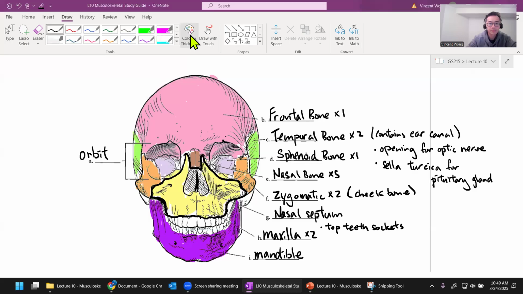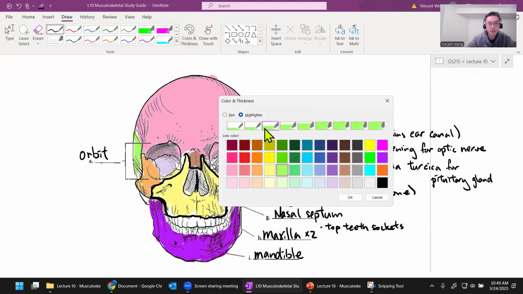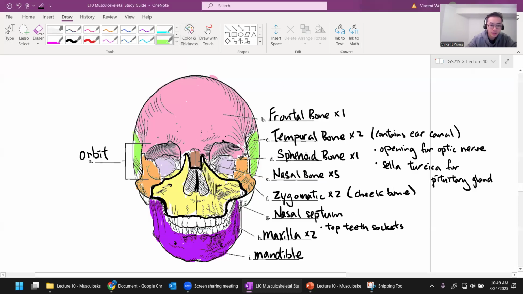Okay. Actually, I just realized there's the knob that I asked you to feel earlier at the back of your ear. It's part of your temporal bone as well.